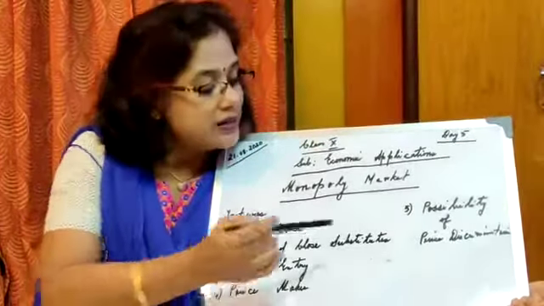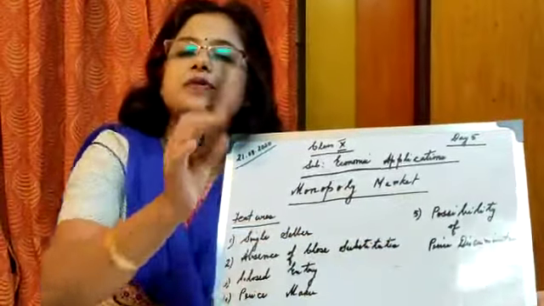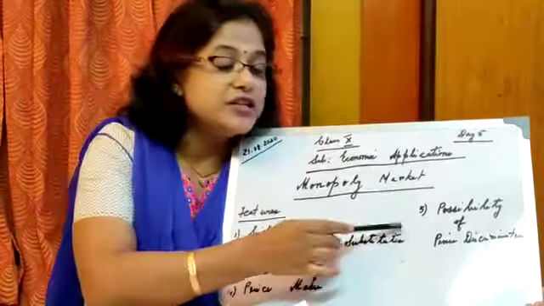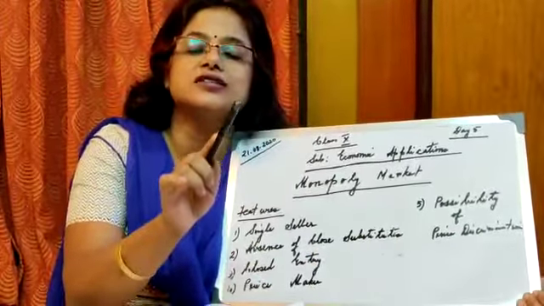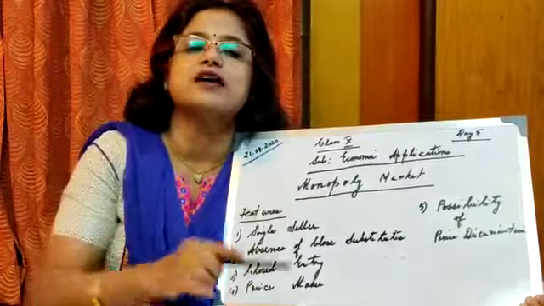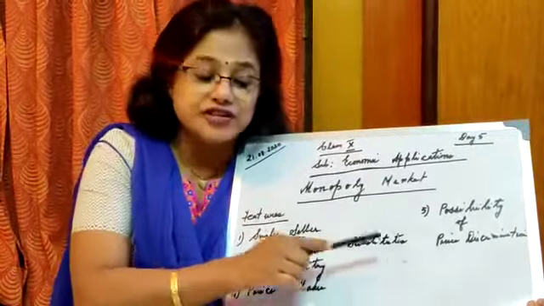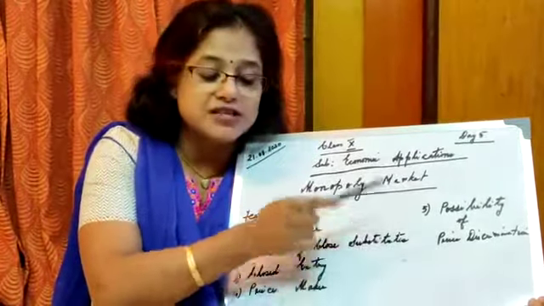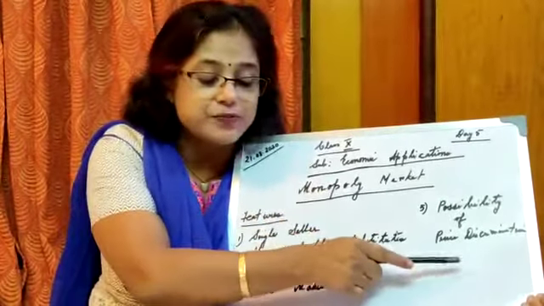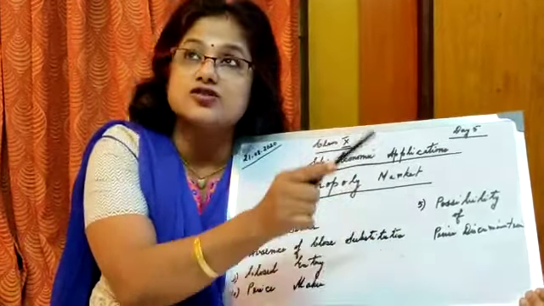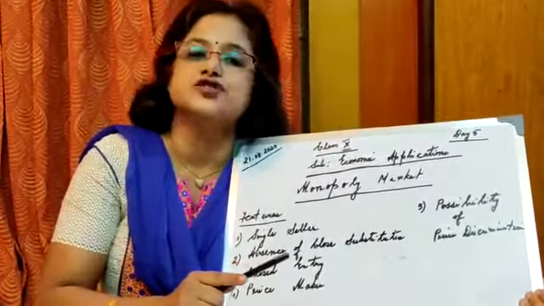After that comes the possibility of price discrimination. This is a special feature of the monopoly market. Monopolies discriminate price. For the same commodity, monopolies charge different prices in different markets. This is known as price discrimination. It refers to a situation when the monopolist sells the same product to different buyers at different prices for reasons not associated with differences in the cost of supplying the product to different consumers.